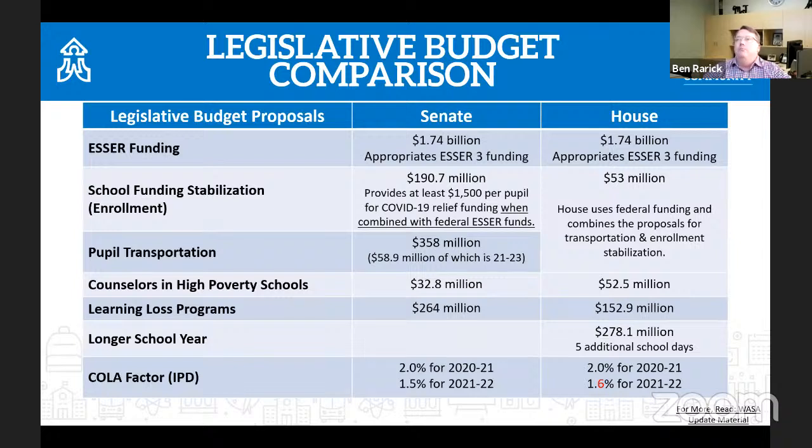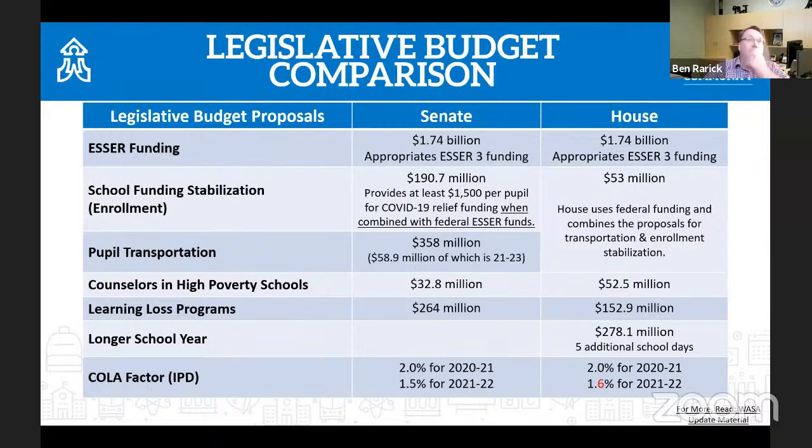So both budgets appropriate the ESSER 3 dollars, which is great. Both budgets propose some form of budget stabilization, but they have different approaches to doing it. So the Senate kind of splits out the approach to stabilizing enrollment and stabilizing pupil transportation, and has different rules for that, whereas the Senate proposes substantially less money for that and basically counts it net of your ESSER funding.